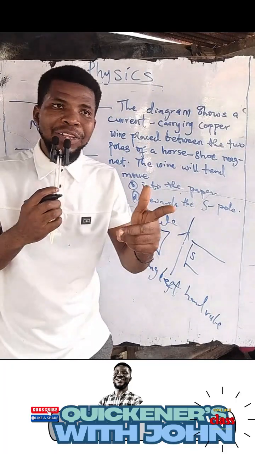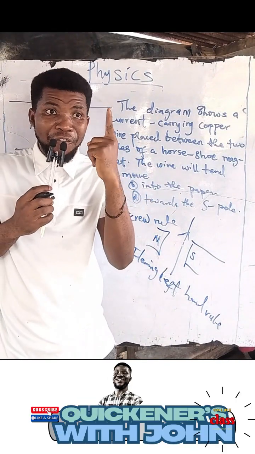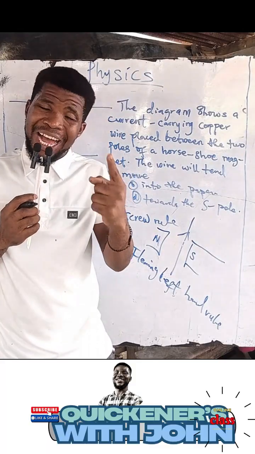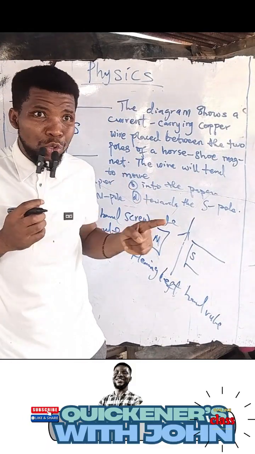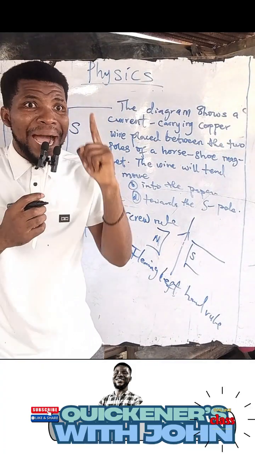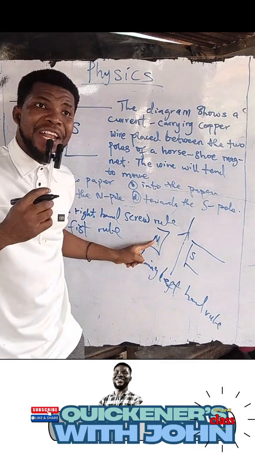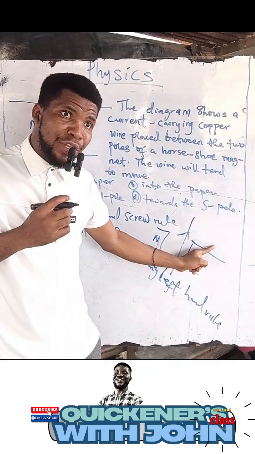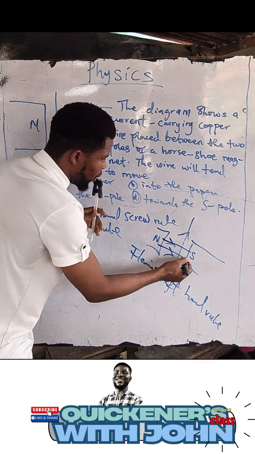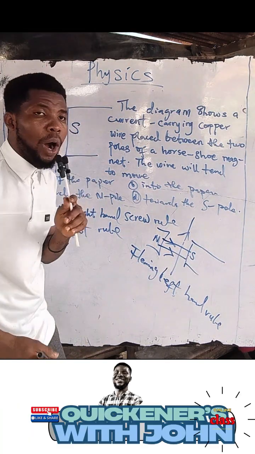The law says that if your first finger or forefinger points to the direction of the magnetic field, so it's always the direction of the magnet. You can see the magnetic field starts from the north and goes to the south. The field goes outward from the north, and goes inward to the south.